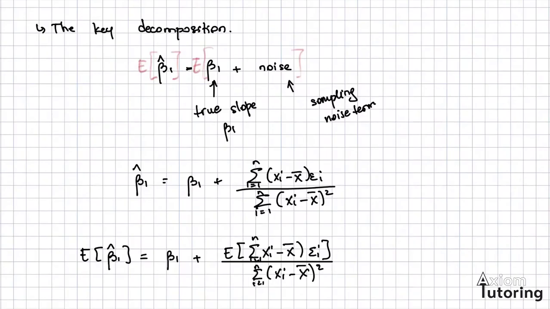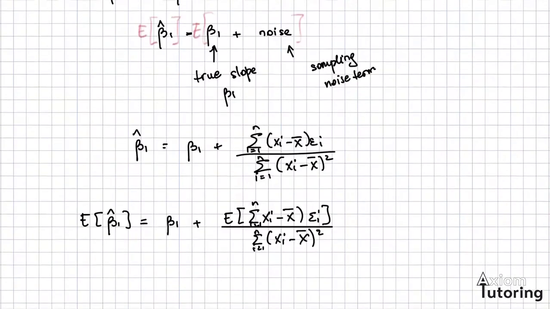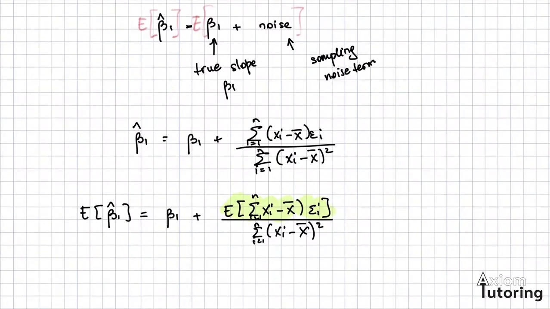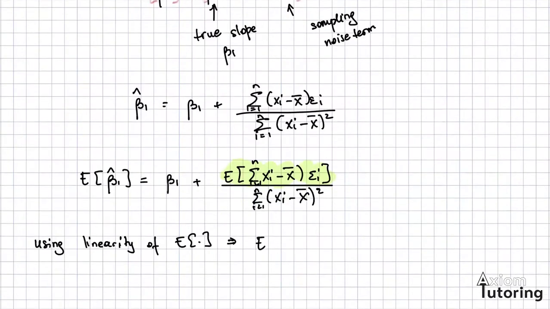Now that we have taken the expectations on both sides this way, let's concentrate very quickly on the numerator in this fraction. By using linearity of the expectation operator, I can rewrite that as follows. The sum of xi minus x bar, sorry, without the square, times the expectation of epsilon i.